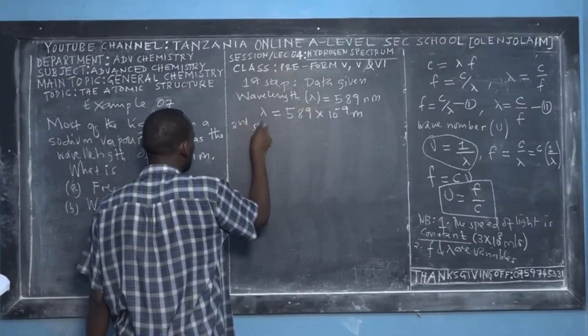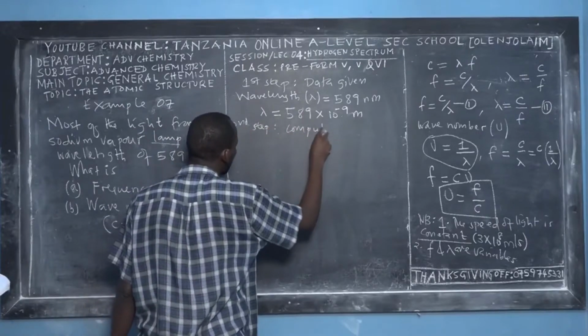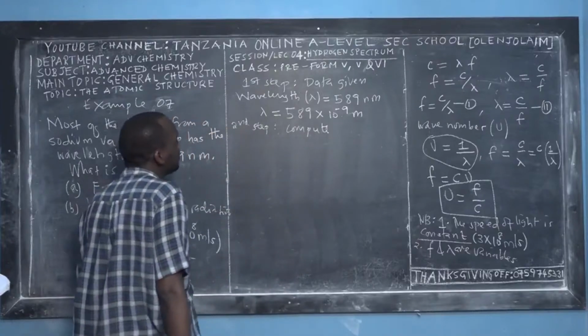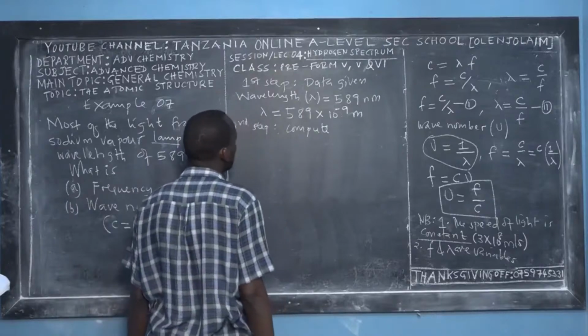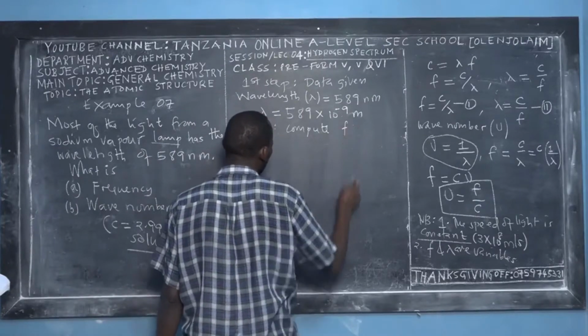So the second step is to record the formula, and the main thing we have to compute is the frequency.